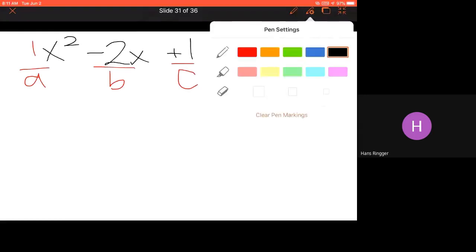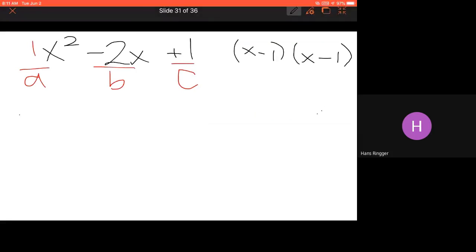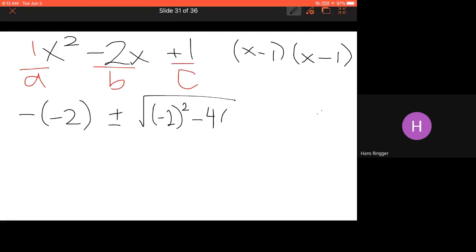So we have -B plus or minus the square root of B squared minus 4 times A times C, all divided by 2A.